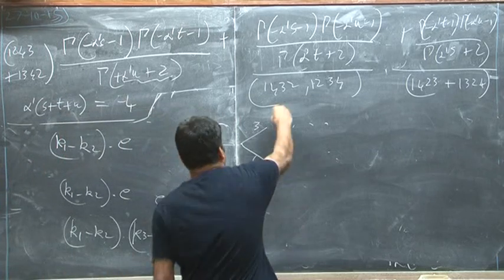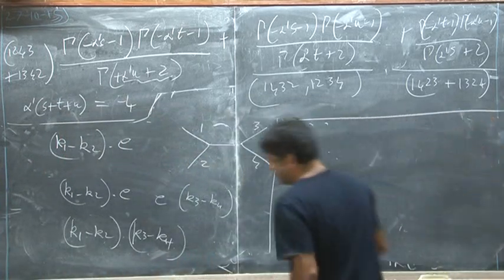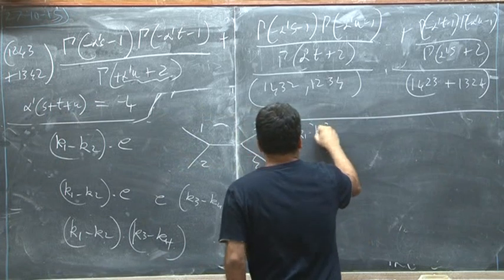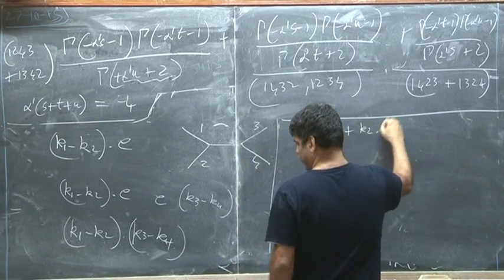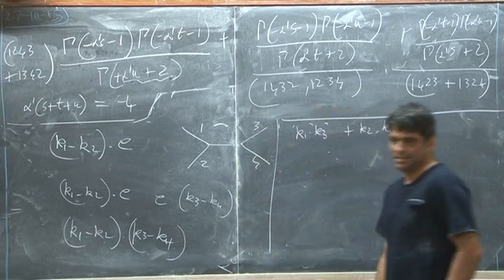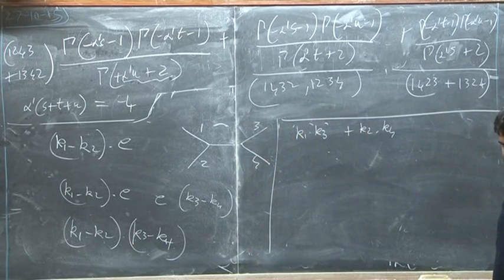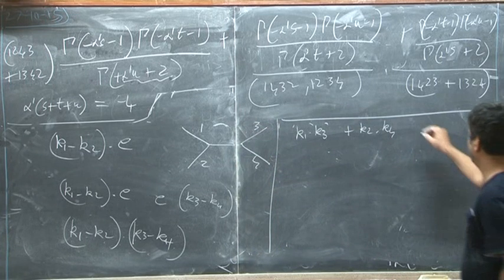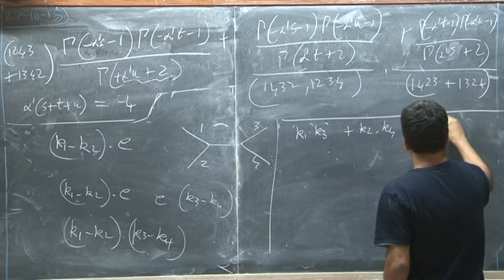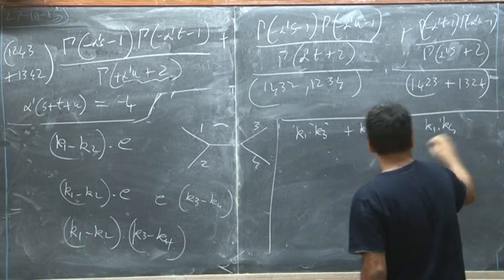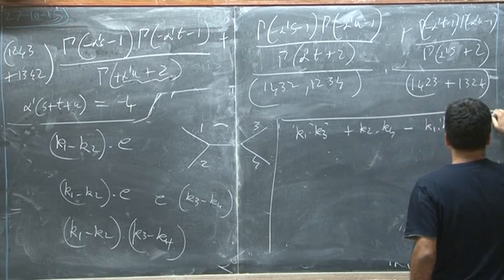Okay? So let's work that out. So K1 dot K3 plus K2 dot K4. Okay, K2 dot K4 minus K1 dot K4 minus K2 dot K3.